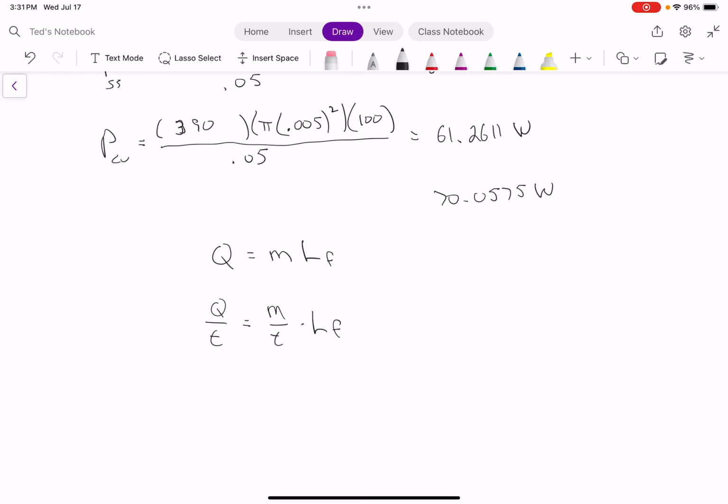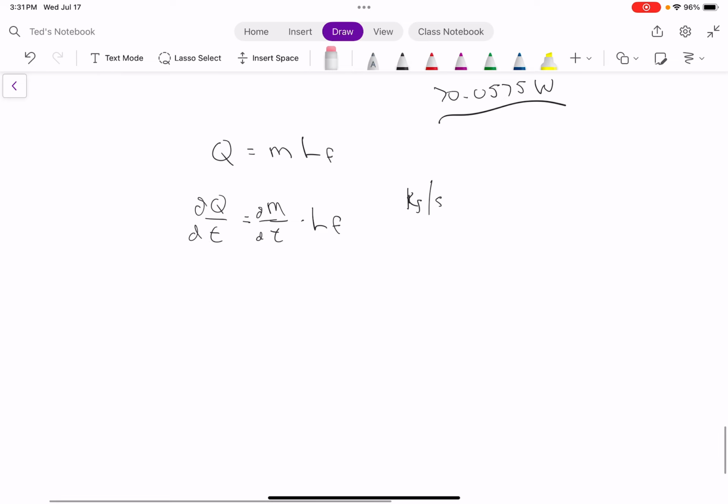We could even think of these as rates, like dQ/dt and dm/dt. How quickly is heat flowing? That's my power. That's what I just calculated. And how quickly is the ice melting? That's going to have units of kilograms per second, and it's going to tell me how much ice is melting each second.